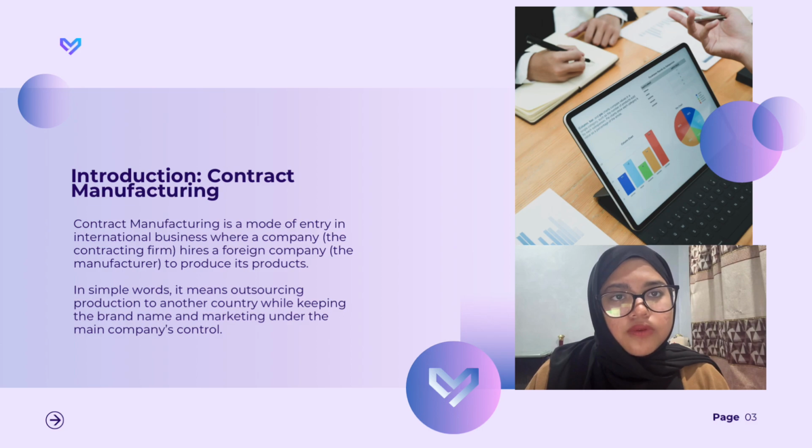Instead, Apple outsources production to companies overseas, especially in countries like China and India. This approach allows Apple to reduce costs, increase efficiency, and reach the global market more effectively.